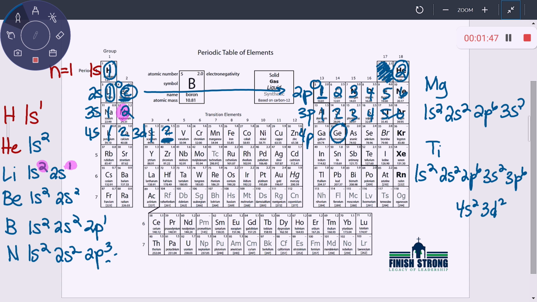Okay. Now, there are some exceptions to the things that I'm showing you. So in your book, I'm going to note them for you on this periodic table. I'm going to do that in pink.